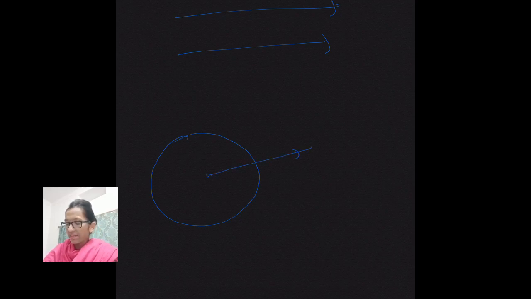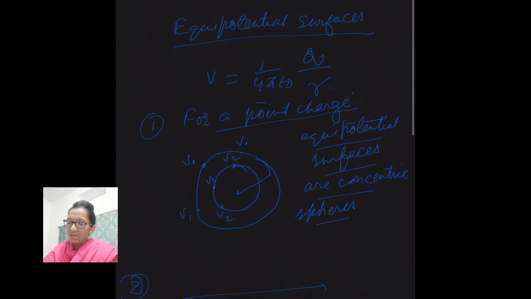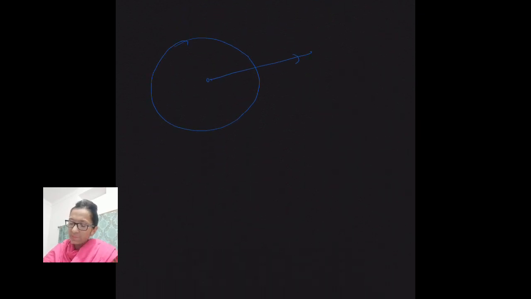So the electric field is in the radial direction, and uniform potential is there on a sphere. So the equipotential surface for this point charge Q will be the sphere itself.